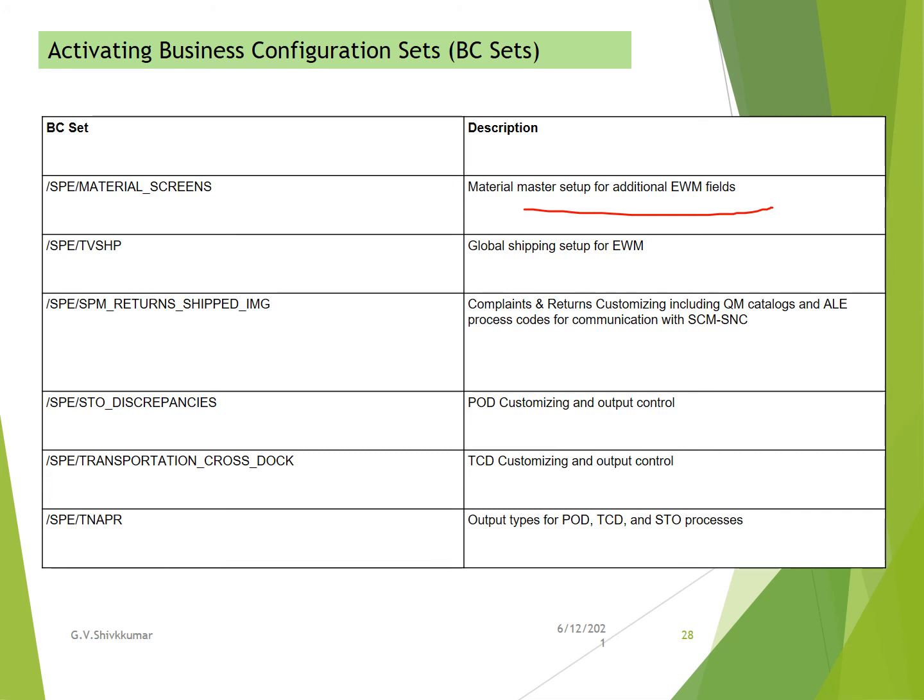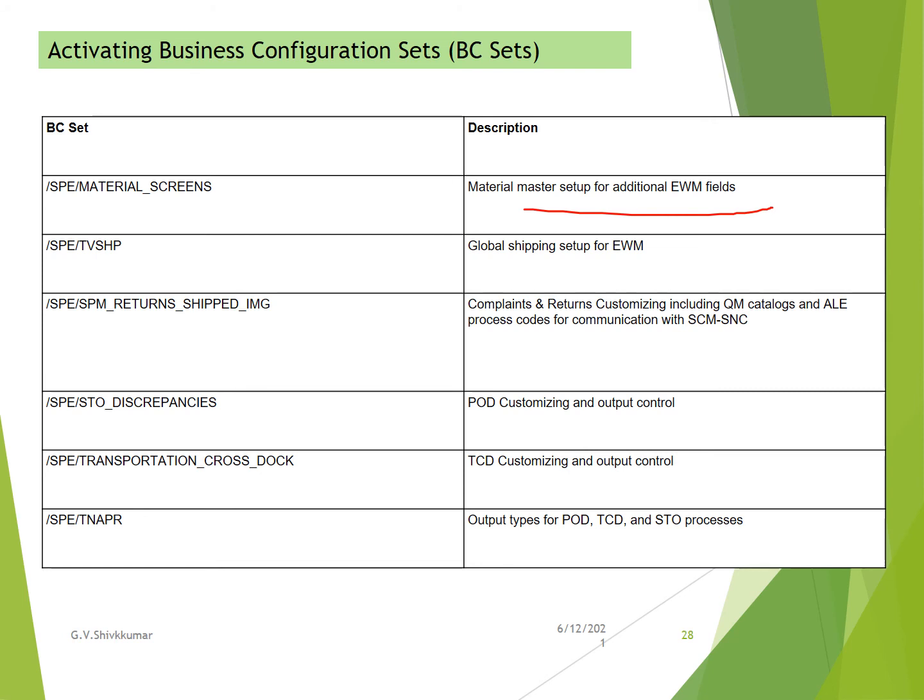Then compliance and returns customizing, including QM catalogs and application link enabling process codes for communication with the SCM supplier network, SNC supplier network collaboration. For that we are using /SPE/SPM_RETURNS_SHIPPED_IMG.